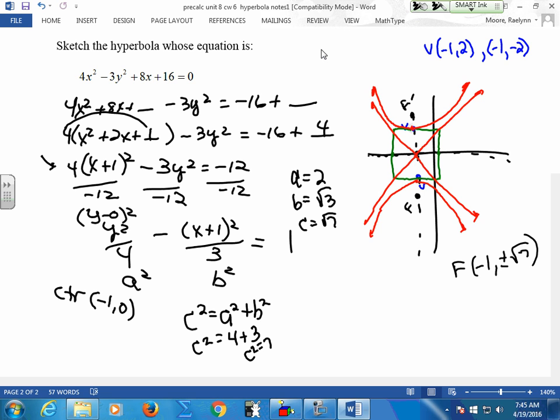Now, here's how you make your asymptotes. We're going to use that formula. The y minus k part is the y minus 0, isn't it? I'm just going to put y minus 0 for now. Plus or minus the slope, and here's your x part.